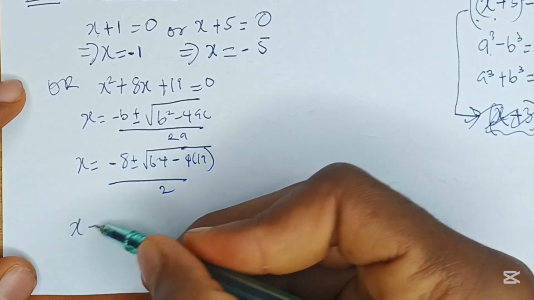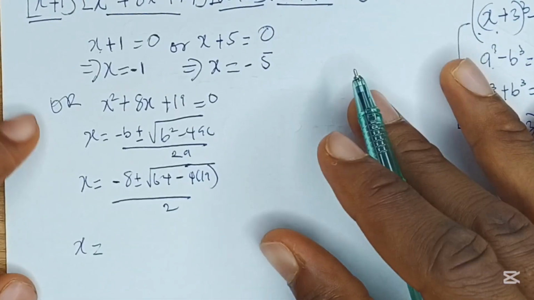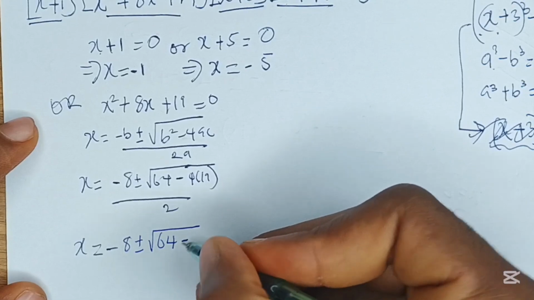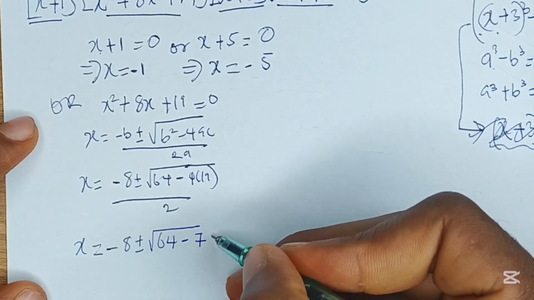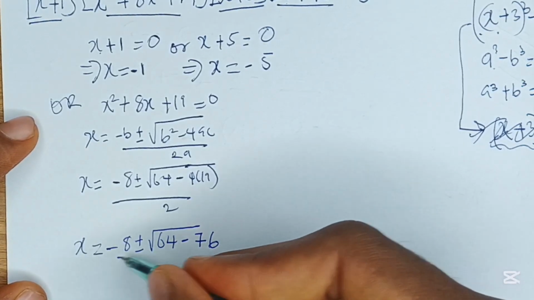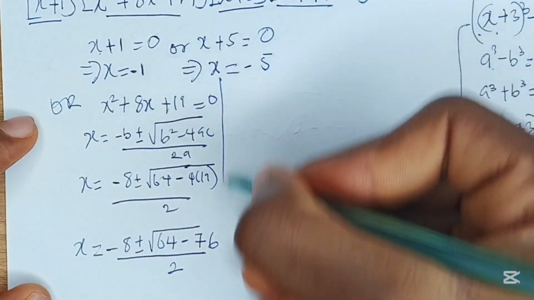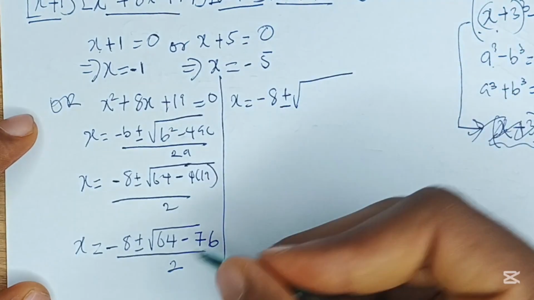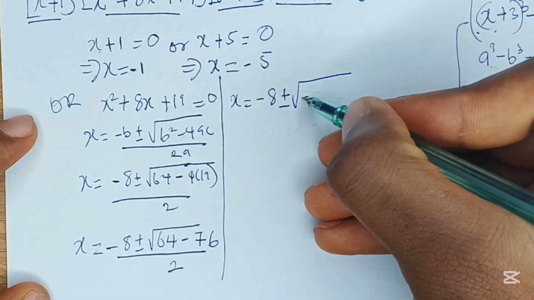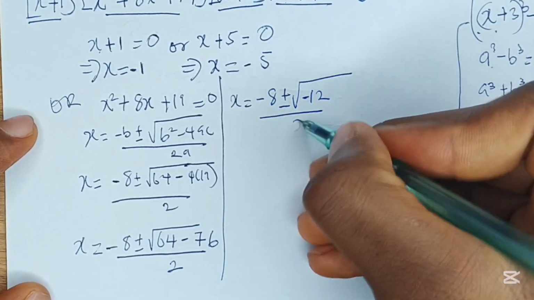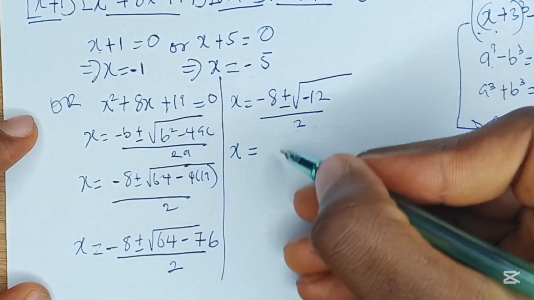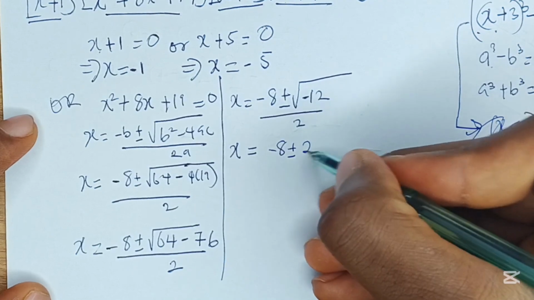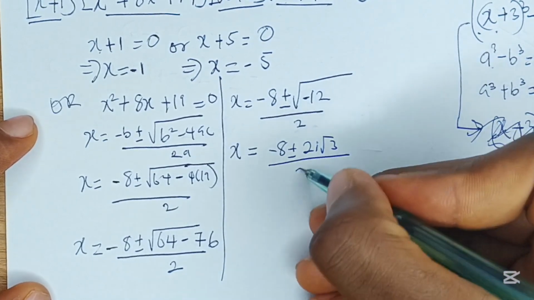From here, x is -8 plus or minus the square root of 64 - 76, all over 2. 64 minus 76 is negative 12, so x is -8 plus or minus 2i root 3, all over 2.